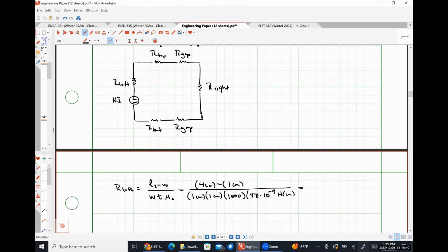And I got 2.387 times 10 to the 5 amp turns per Weber. The right path has the exact same reluctance.